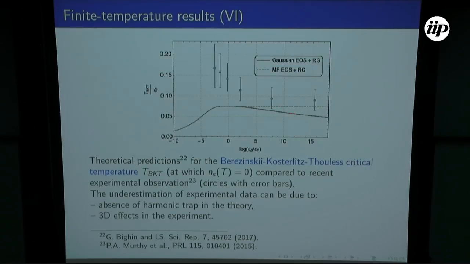So you see, Gaussian fluctuations are important because they diminish the typical Berezinskii-Kosterlitz-Thouless critical temperature. There is a discrepancy between theory and experimental data. Well, okay, there are several reasons. We did the numerical calculations in the uniform case. Instead, the experiment is in a harmonic trap. Moreover, maybe the experimental data are also affected by 3D effects. Instead, our calculations are truly fully 2D.